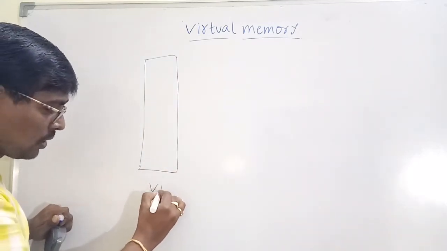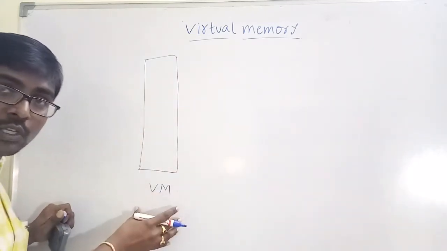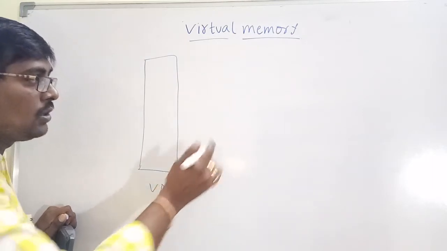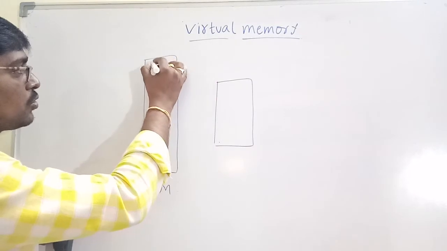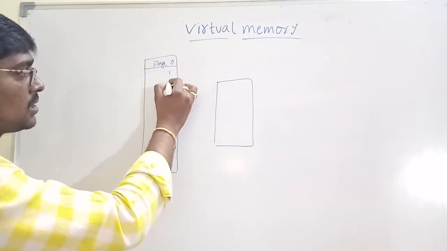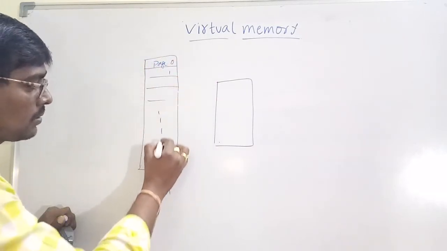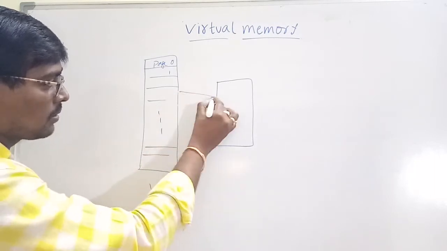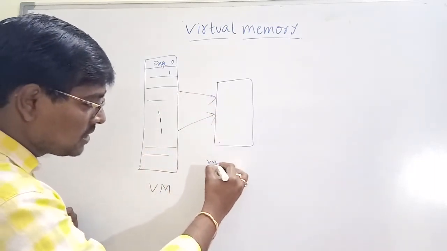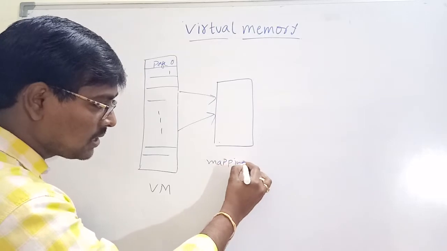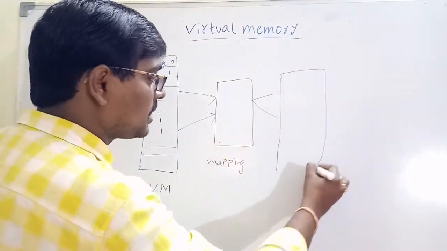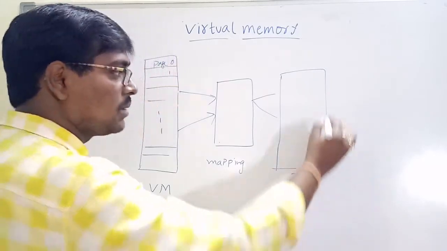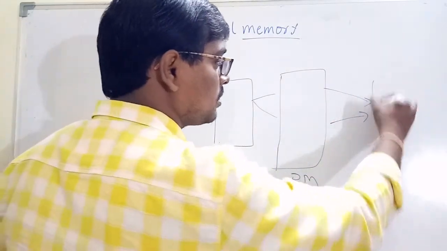This is virtual memory. The virtual memory is mapped, suppose virtual memory page 0, page 1 and so on. This is the memory mapping. This is the physical memory, and it connects to some disk.